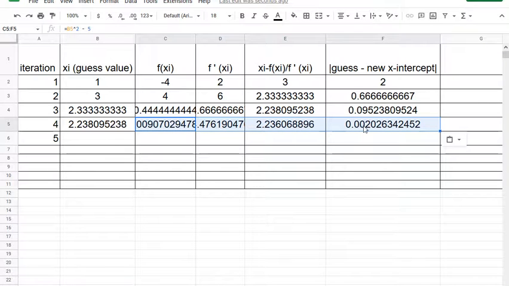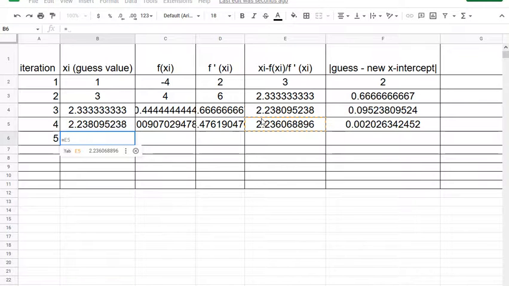Now the difference between the guess and the new x-intercept of the tangent line is getting smaller. We're still not happy with this difference, so we want to go to iteration number 5. The new guess will be E5.